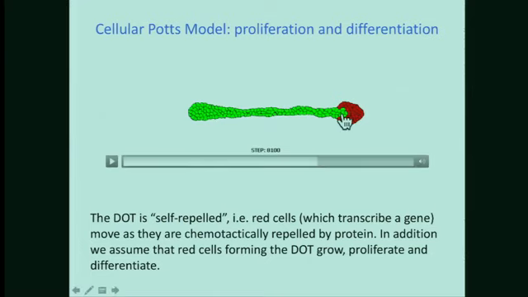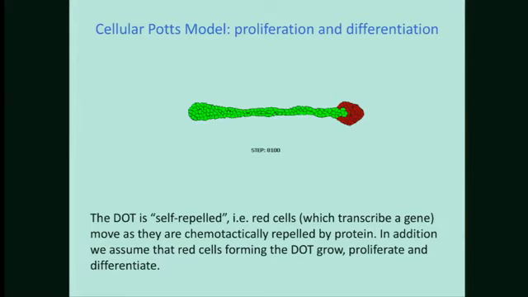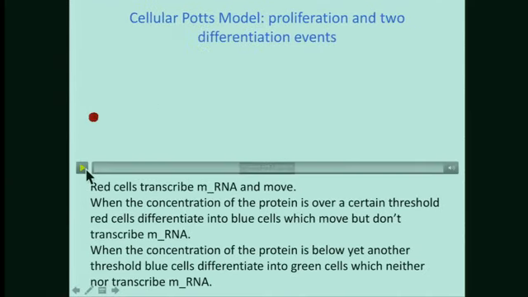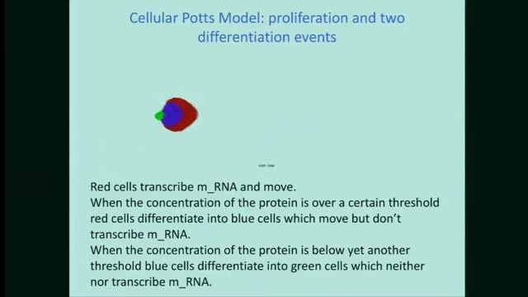according to experiments, cells stop when the concentration of, for example, FGF8, so here I would refer to FGF8 as I said before, is getting down. To model this scenario, we had to introduce one more differentiation event. Again, when the concentration is too high, the first differentiation takes place.